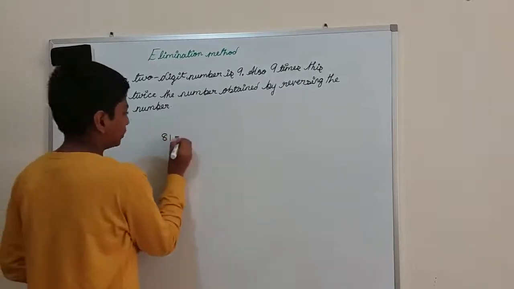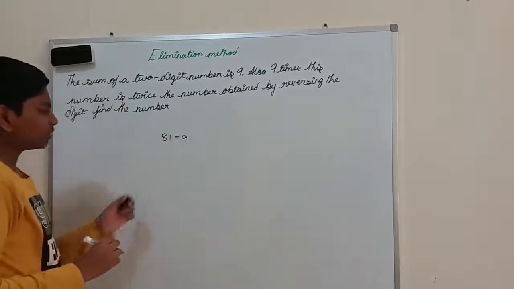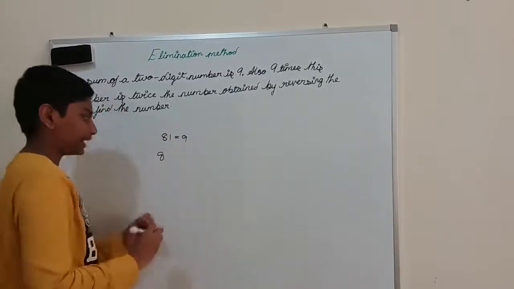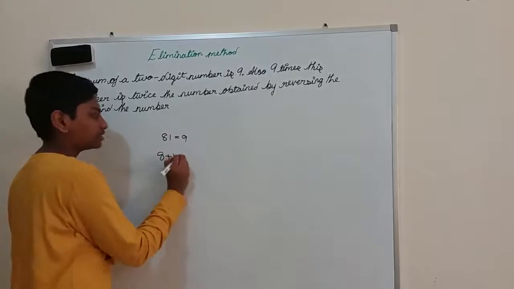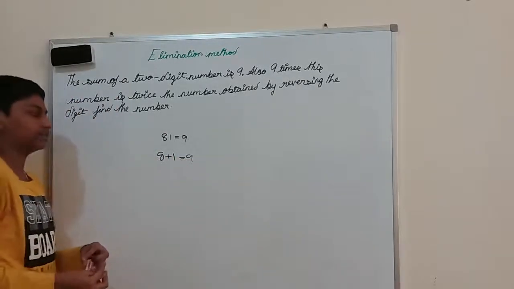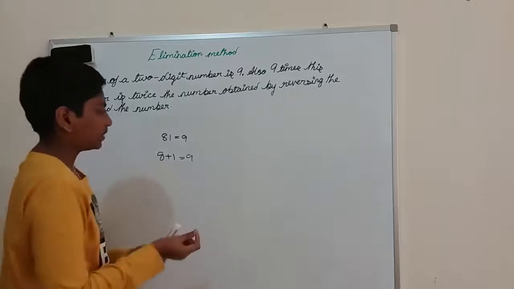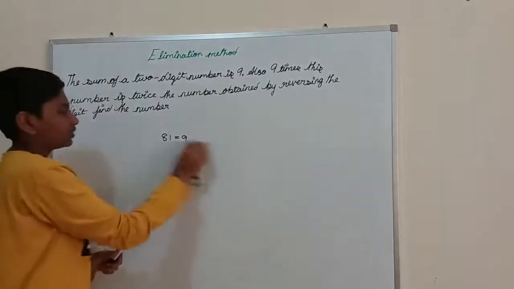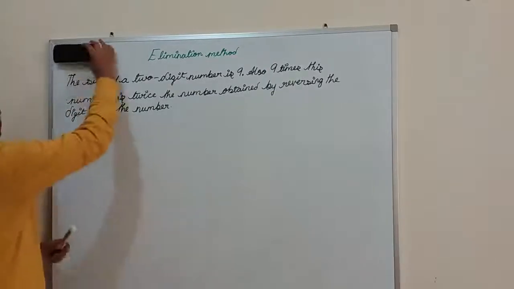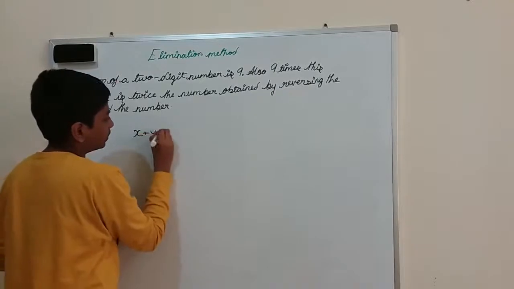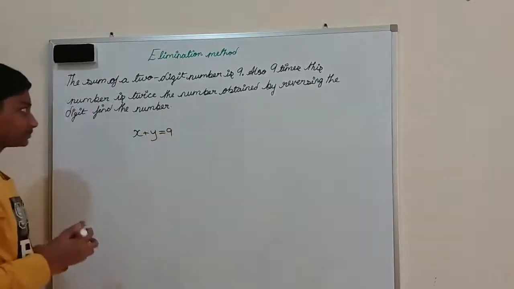What they meant is that the tens place plus the ones place should be equal to 9. So I took the tens place as x and the ones place as y. So we got the first equation: x plus y is equal to 9.